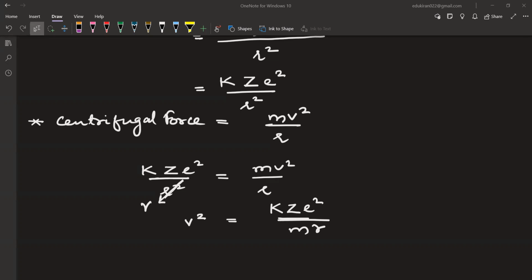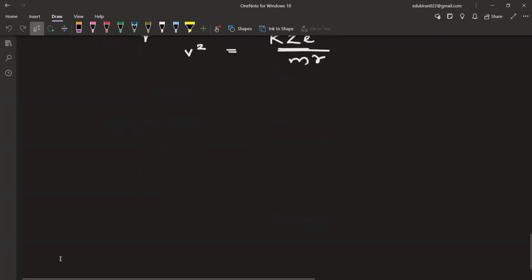Done. Yes, done. Okay. Now, another thing that Bohr postulated here, he did not give any explanation. Its explanation was given later on, just on the basis of mathematical results.